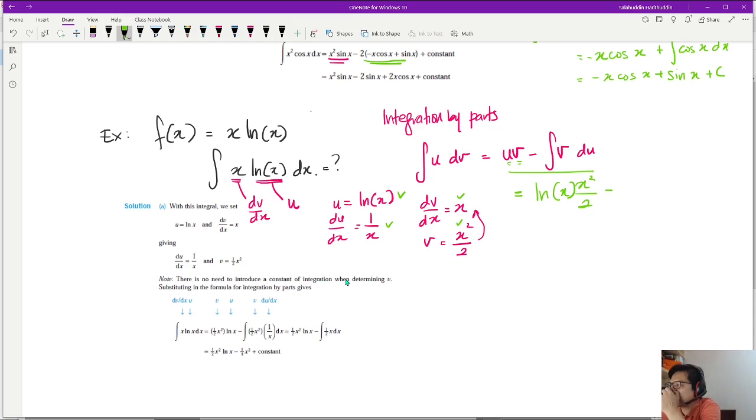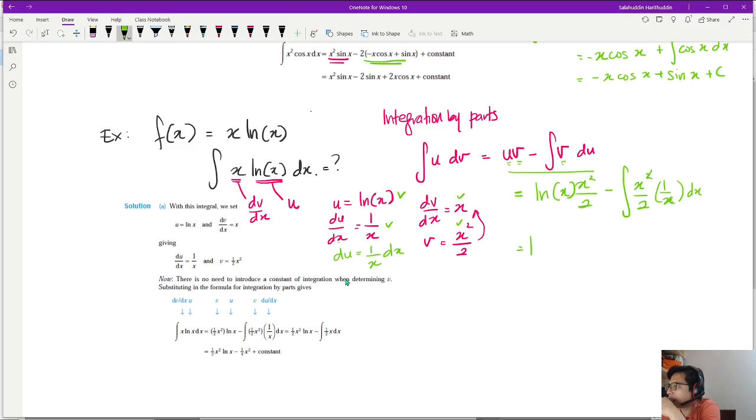Minus the integral of v, which is x squared over 2, times du, which is 1 over x dx. I'm just moving this dx over here. So what I've got here is multiplied by 1/x dx. Cancel this out, I get x over 2.